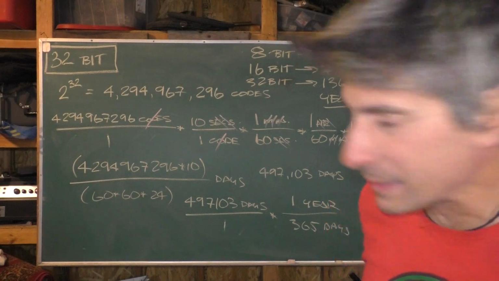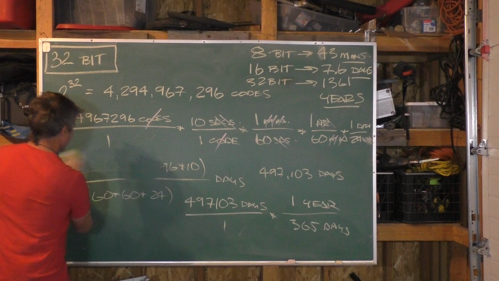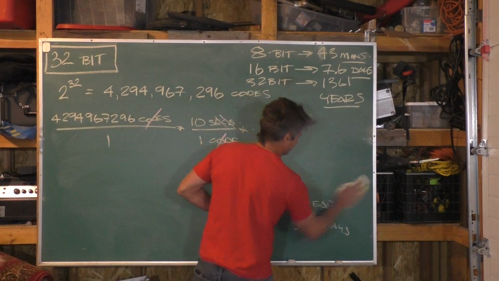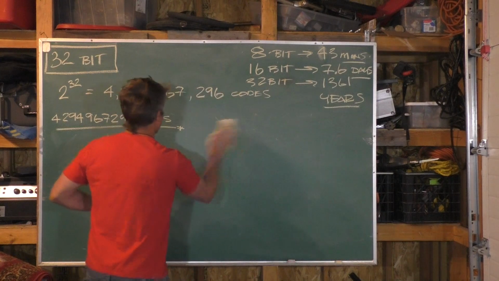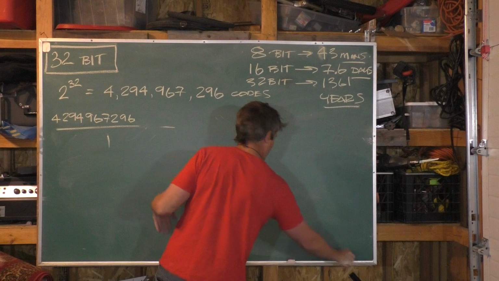And what I want to do is give you one thing to think about before we go any further. Take all this away. Okay. Go back to here with the 4 billion codes.